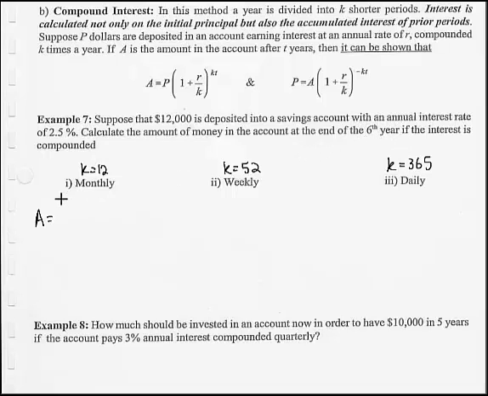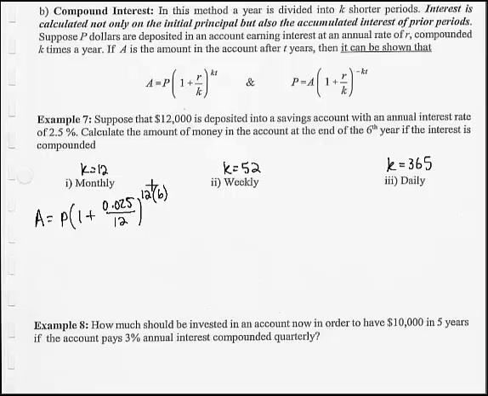So A equals P times 1 plus, now our rate is going to be divided by 12, divided up equally among the months, and then we have a KT as our exponent, so 12 times 6 years. So this is just how many times we're going to compound the interest.